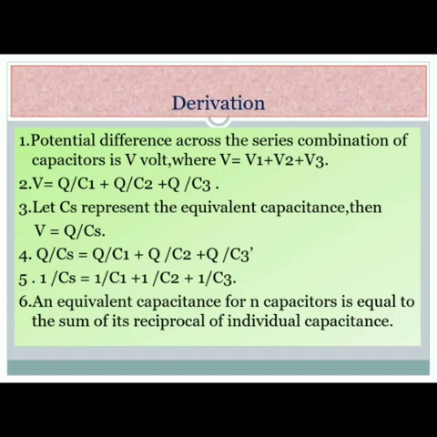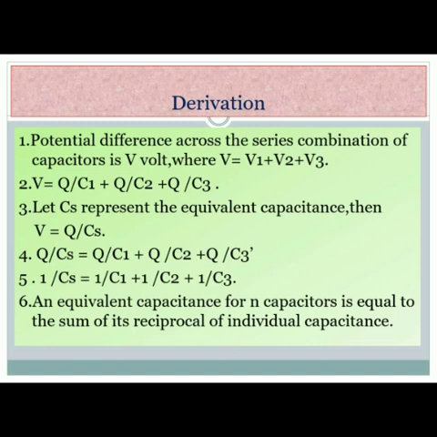So if I divide this equation by Q, my Q is cancelled in both numerator and denominator, and the final expression that I get is 1 upon Cs is equal to 1 upon C1 plus 1 upon C2 plus 1 upon C3.